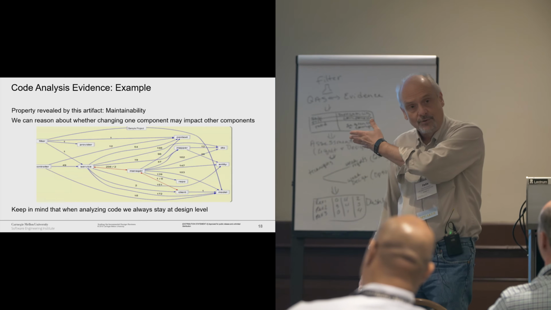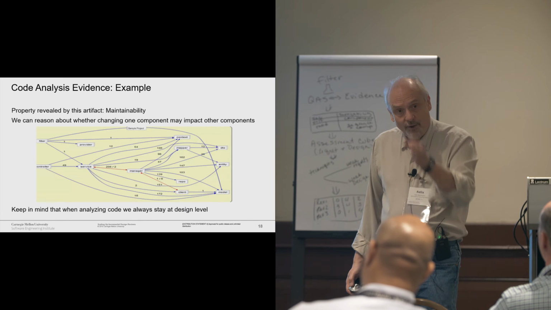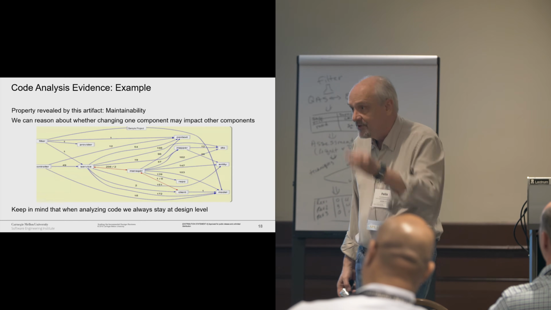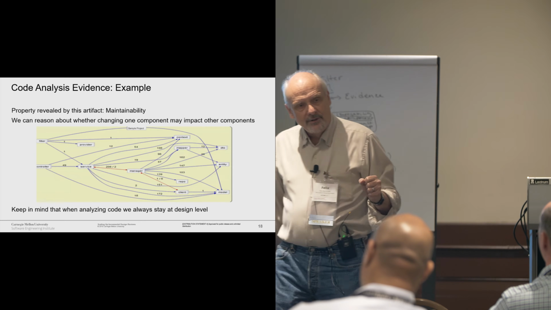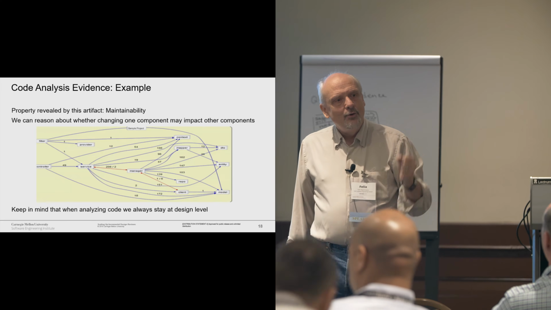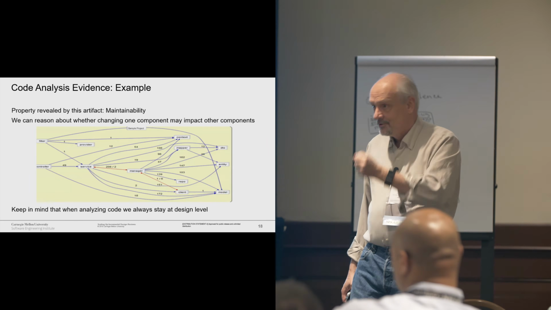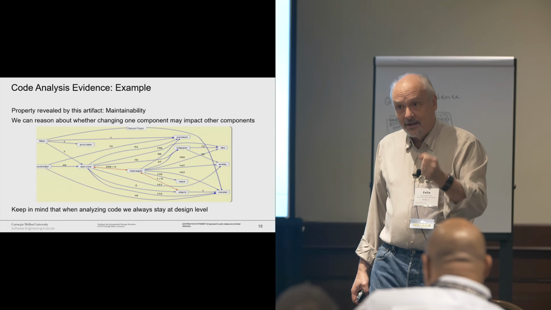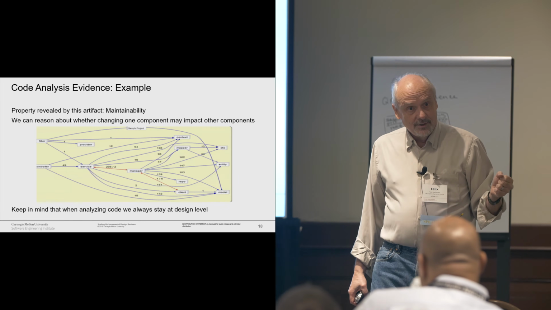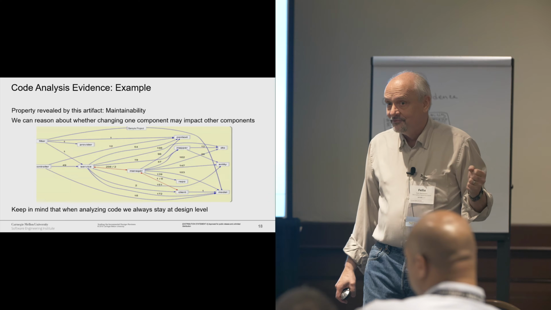So that is when you have code. That also means even if there is just code, you still will do a design review, not a code review, a design review. And why would you do this? Just because of the amount of information that you have.